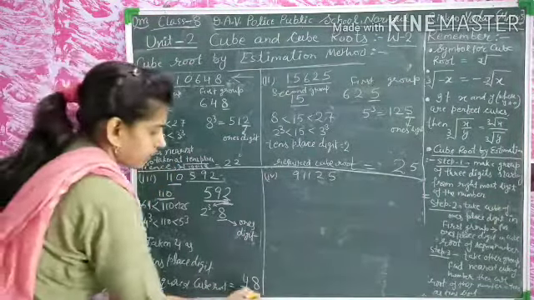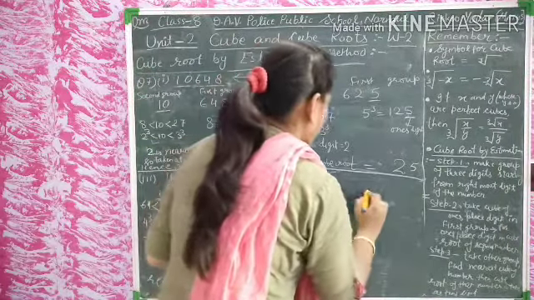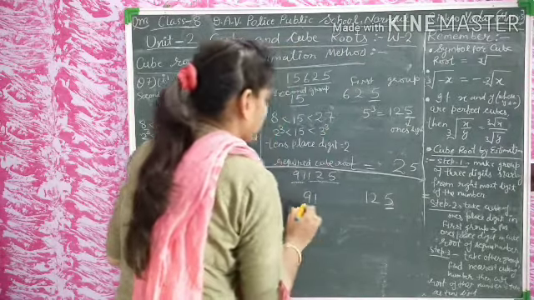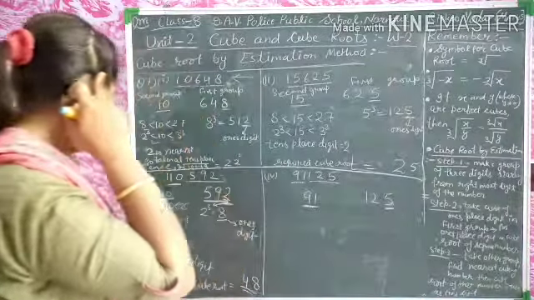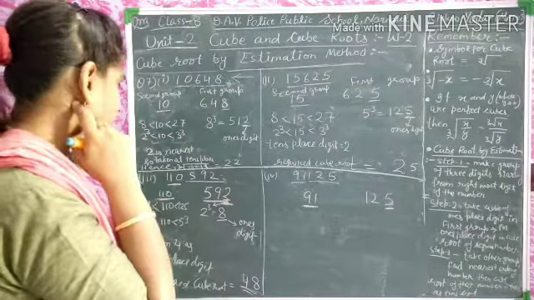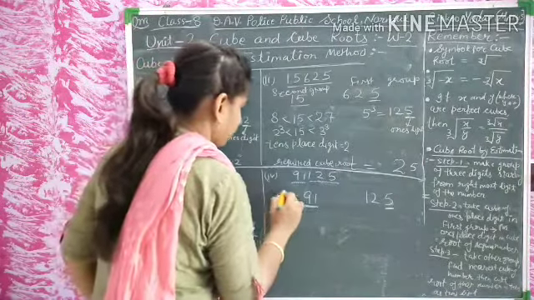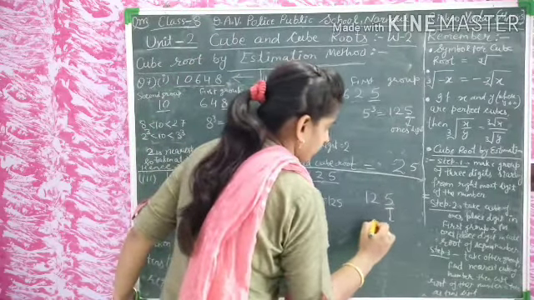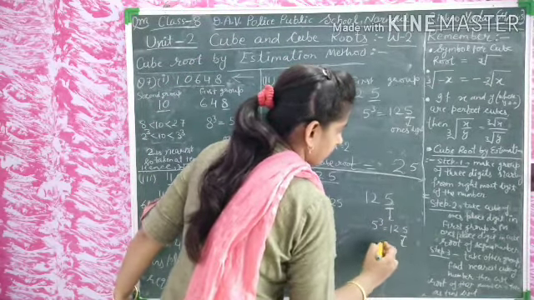Okay students, now we will go to the next problem, 125. Its first group is 1 and the second group is 91, and between which values does this lie? Same here, 64 and 125. Its ones place digit is 5, so 5 cubed is equal to 125, and this will become the ones digit.